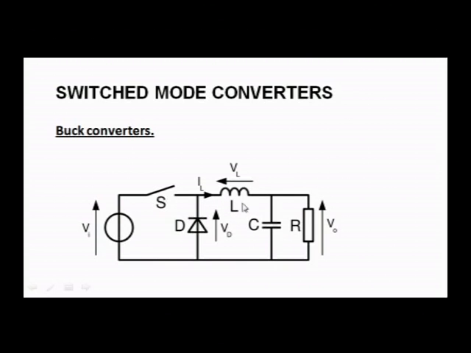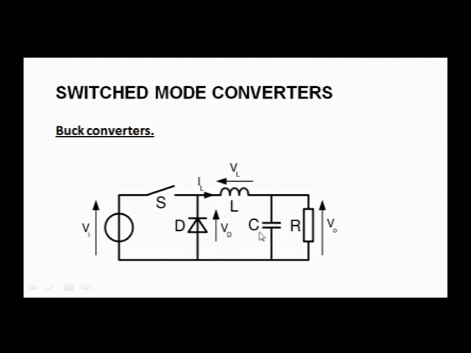If you remember, inductance is the property by virtue of which it resists an instantaneous change in current. That is the property I am going to make use of in these converters. And then you have a capacitor to filter, to smooth out any unwanted AC in the DC. So, this is the schematic.